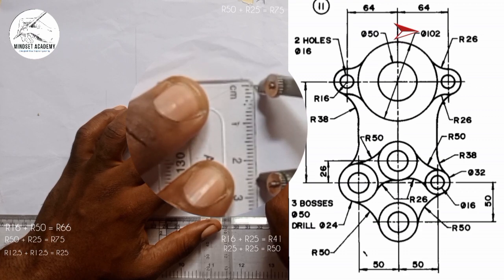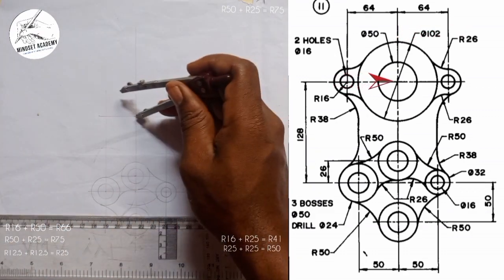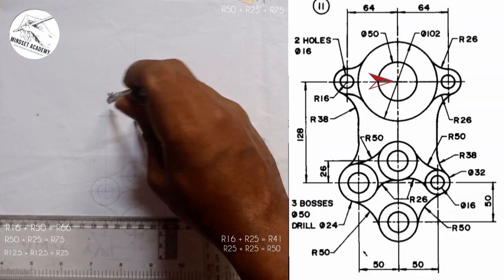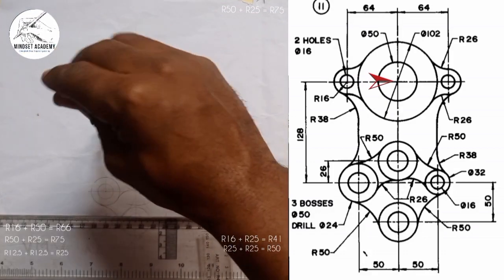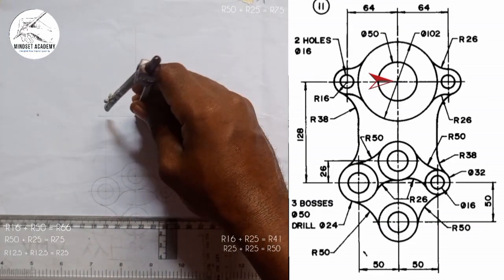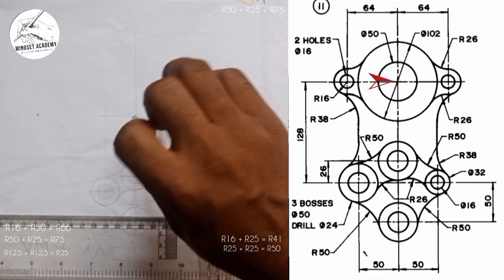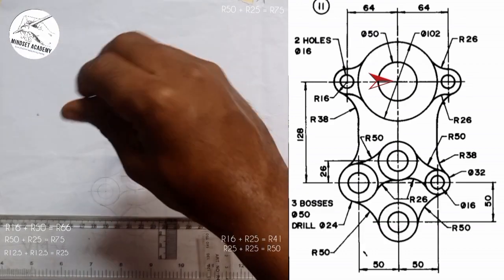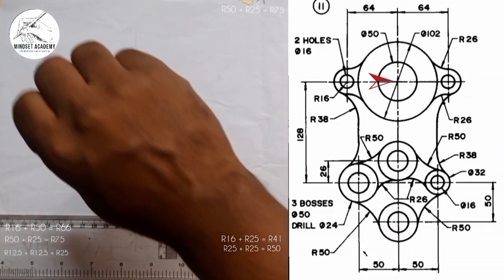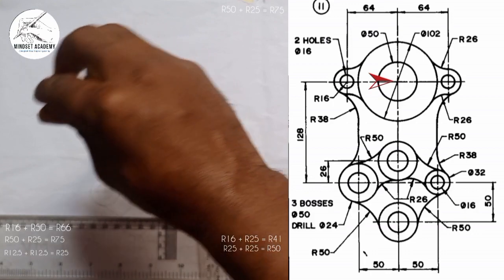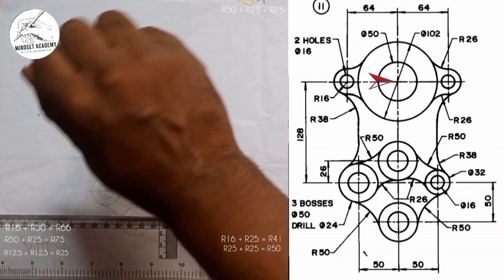I'll put it at this point here and draw a circle this way. Let's do that and see. I'll draw a circle this way to mark the 25.5.